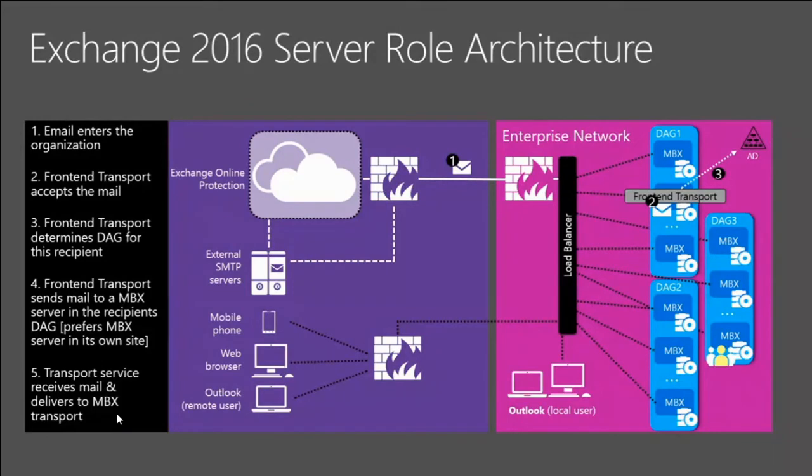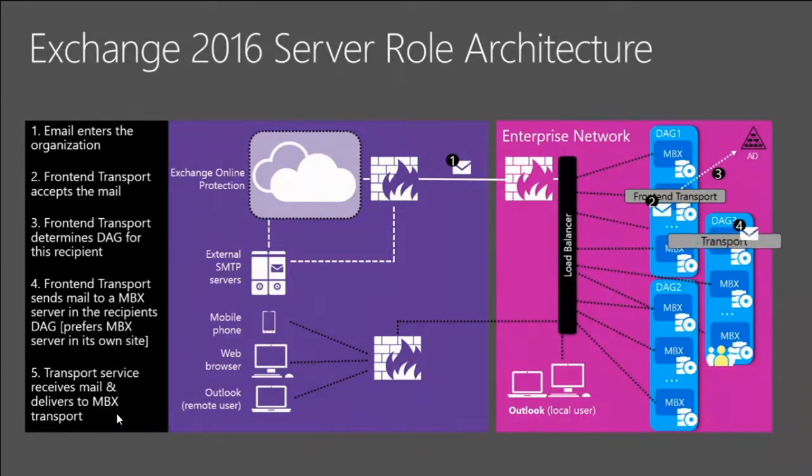So it knows it's on DAG 3, and it will send the piece of mail to the transport service that's running on a machine in that DAG. It usually prefers the transport service running on a mailbox server in its site. Okay, so it'll prefer that, but it'll pick any mailbox server that's in that DAG.